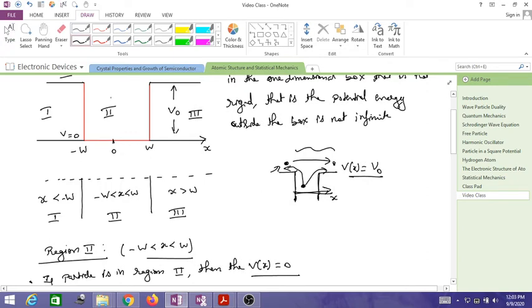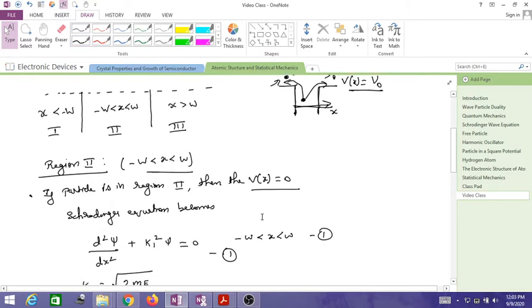So within this box, the particle is moving in the x direction, since we have taken only one axis; remember we are talking about the one-dimensional axis here. When the particle is moving along the positive or negative x-axis within this box, from minus w to plus w, the potential energy of that particle is considered to be 0.